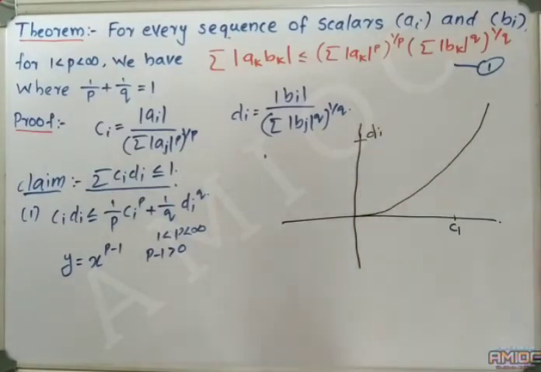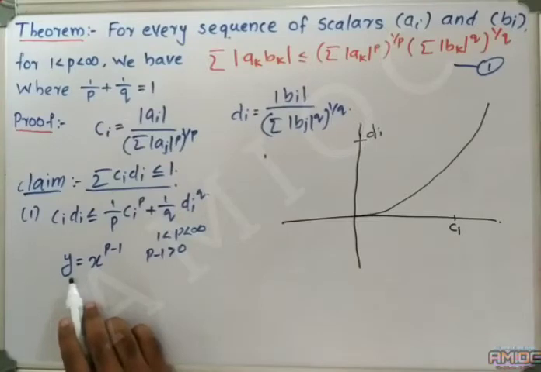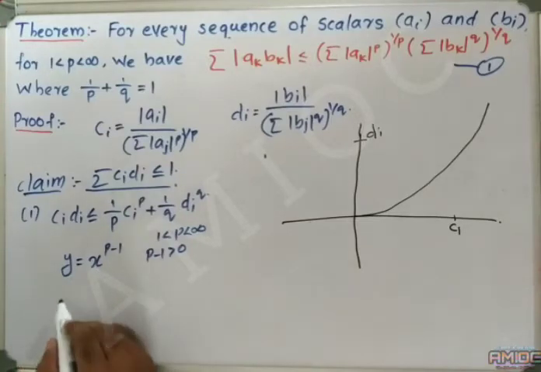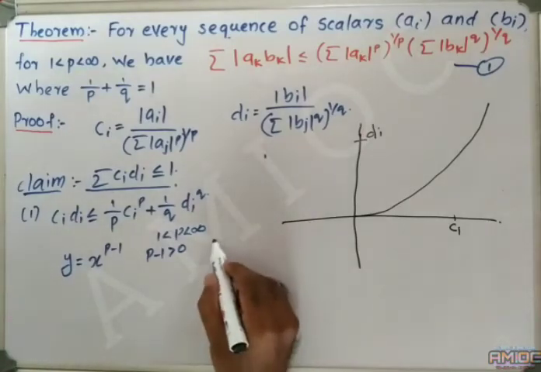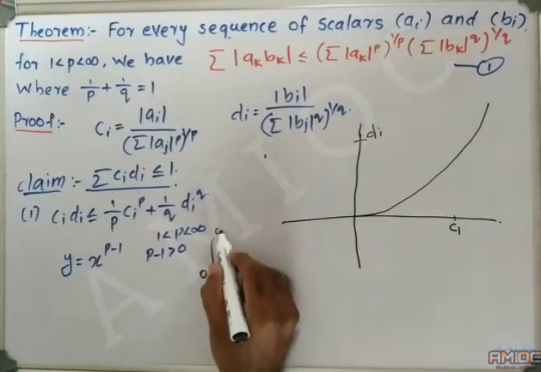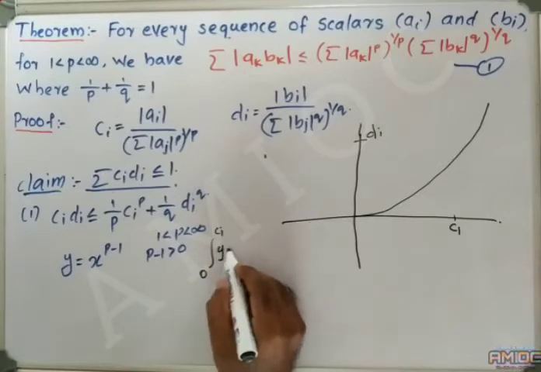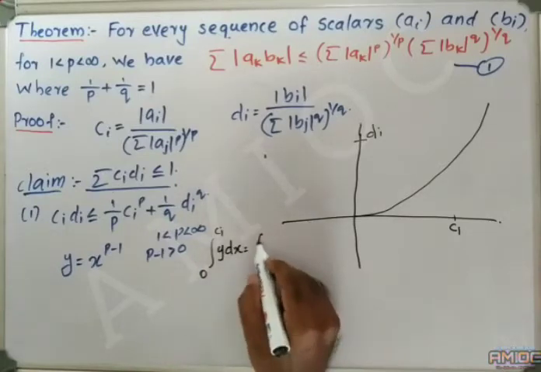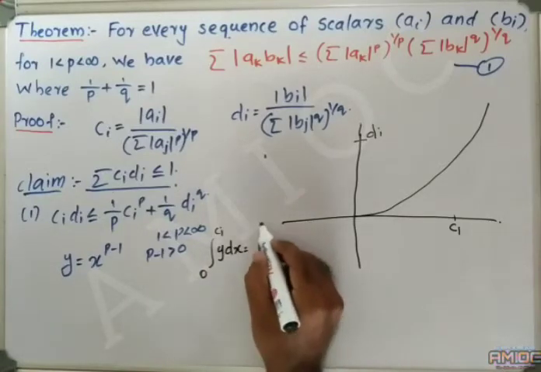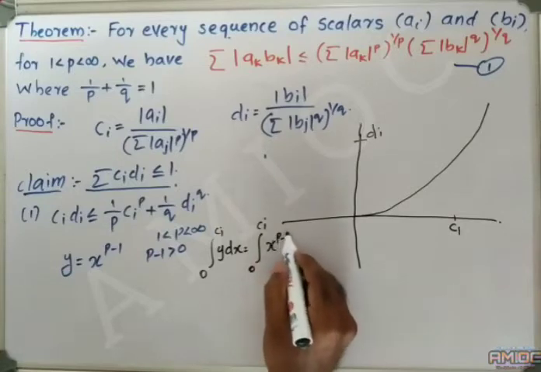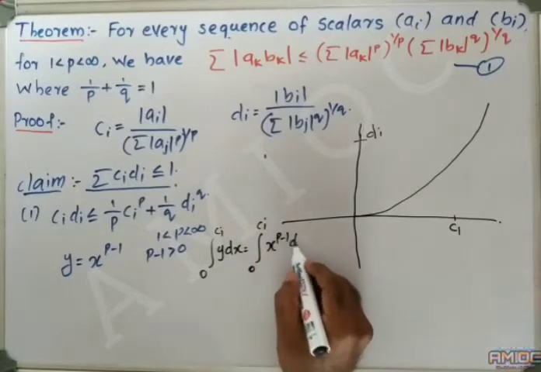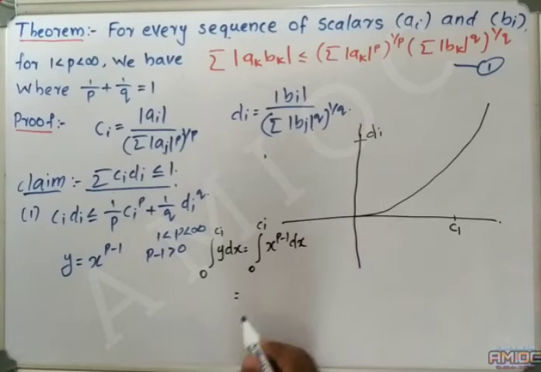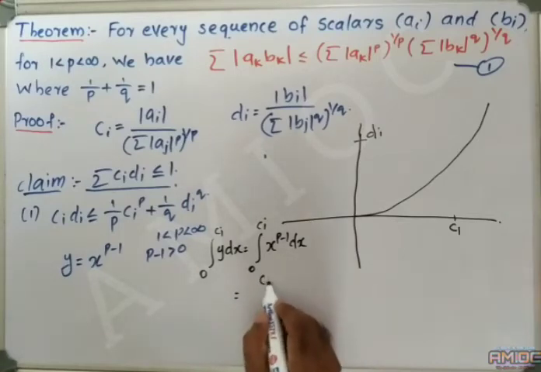Now I am integrating this function along the x-axis, that is, the integral from 0 to c_i of y dx is equal to the integral from 0 to c_i of x^(p-1) dx, which is equal to c_i^p divided by p.